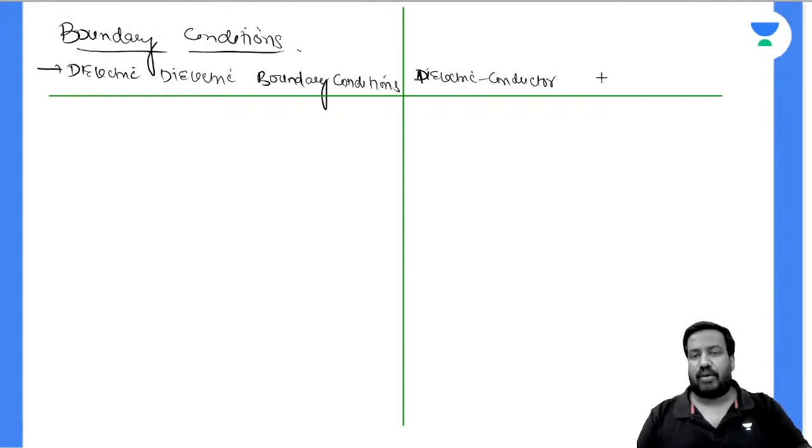Dielectric conductor boundary conditions. Dielectric boundary conditions.